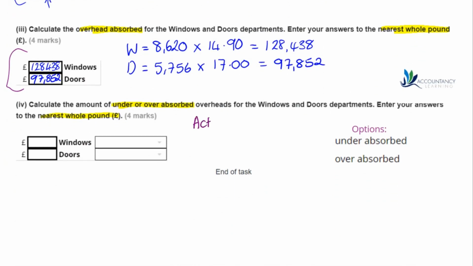So the actuals are $129,325 for windows and $96,780 for doors. So let's now calculate.